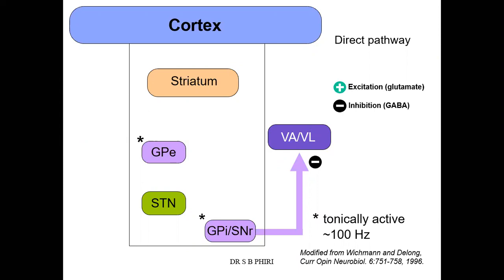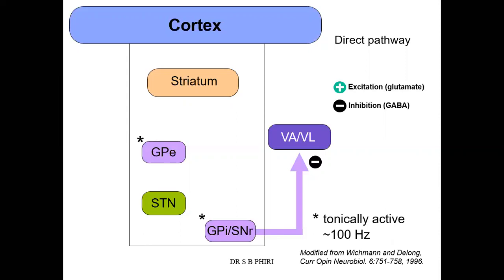So there are certain neurons that will be tonically active. So whether there is stimulation or no stimulation, they are firing some sort of action potentials. So for instance, the medium spiny neurons of the globus pallidus external and also globus pallidus internal, these are tonically active. So they are continuously firing those action potentials.